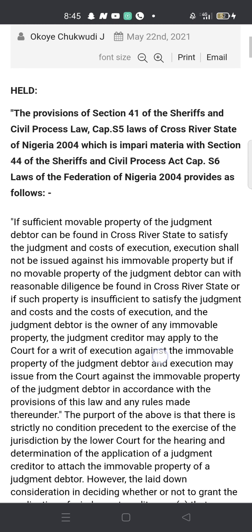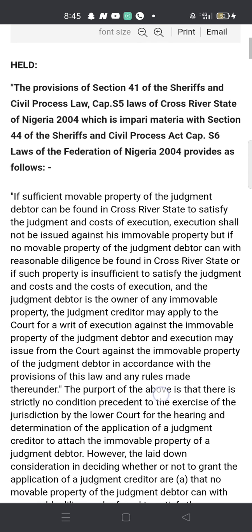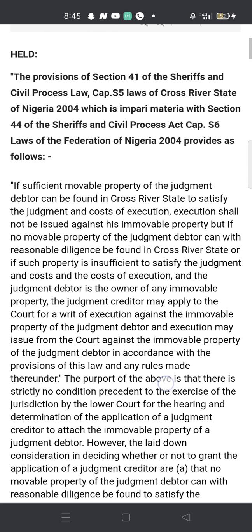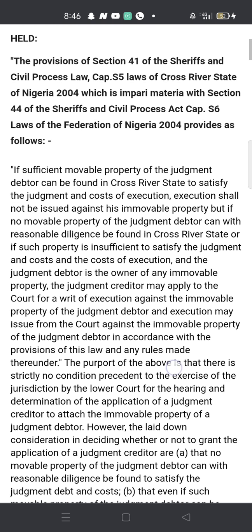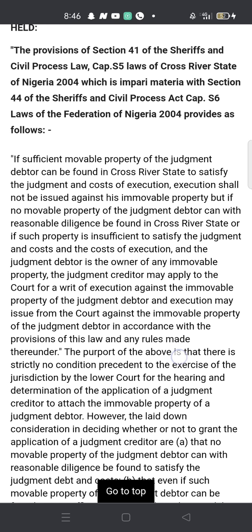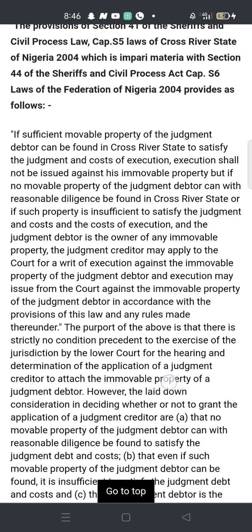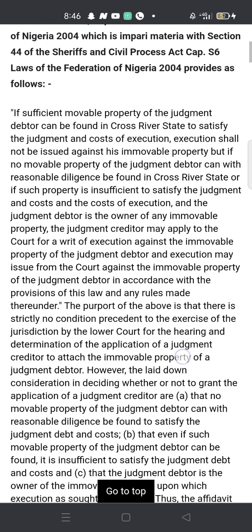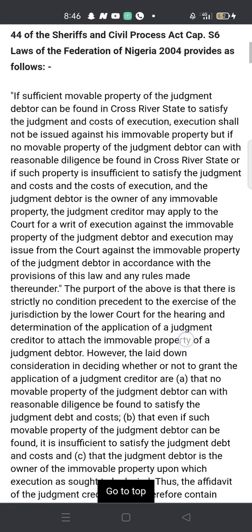Execution shall not be issued against his immovable property, but if no movable property of the judgment debtor can, with reasonable diligence, be found in Cross River State, or if such property is insufficient to satisfy the judgment and the cost of execution, and the judgment debtor is the owner of any immovable property, the judgment creditor may apply to the court for a writ of execution against the immovable property of the judgment debtor, and the execution may issue from the court against the immovable property of the judgment debtor in accordance with the provisions of this law and any rules made thereunder.